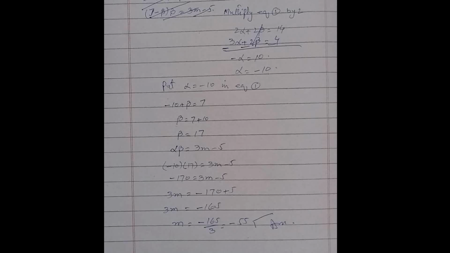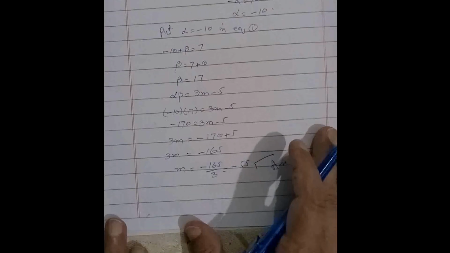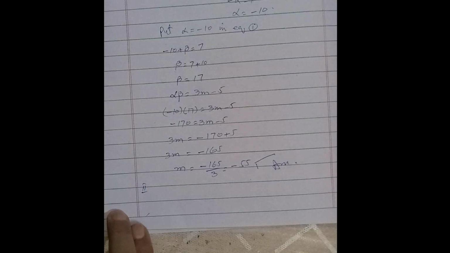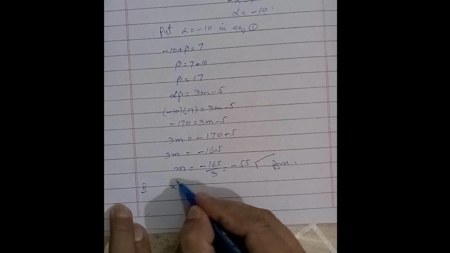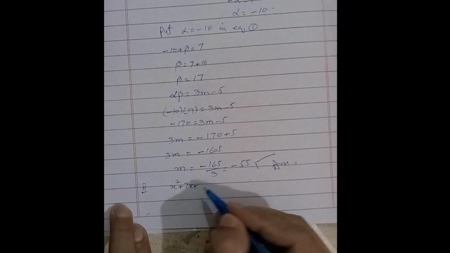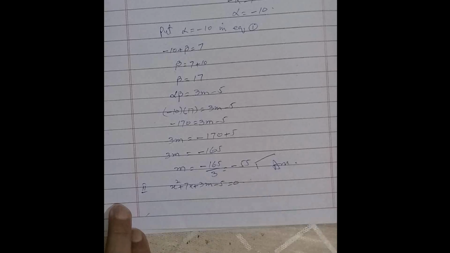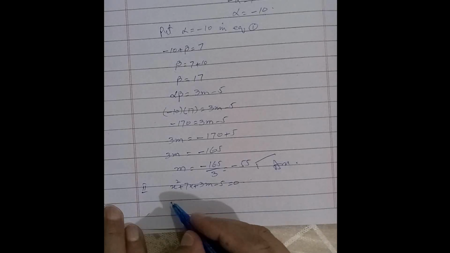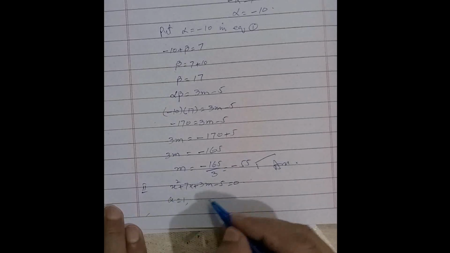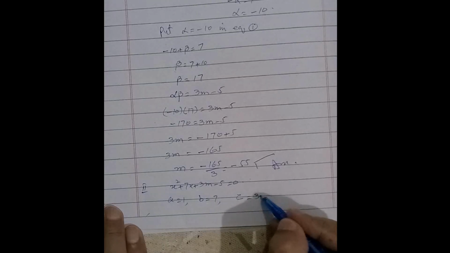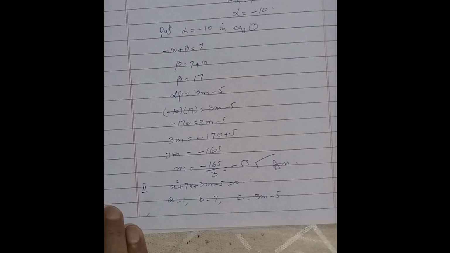And in the same way we solve part 2, whose equation is x square plus 7x plus 3m minus 5 is equal to 0. In this equation we have a is equal to 1, b is equal to 7, and c is equal to 3m minus 5.